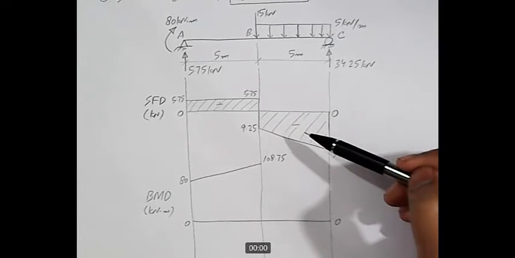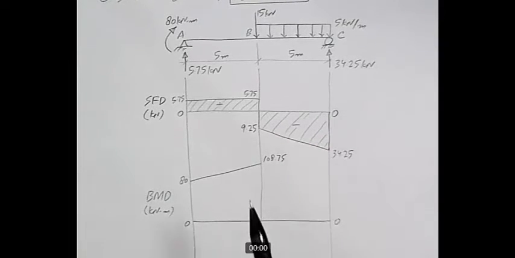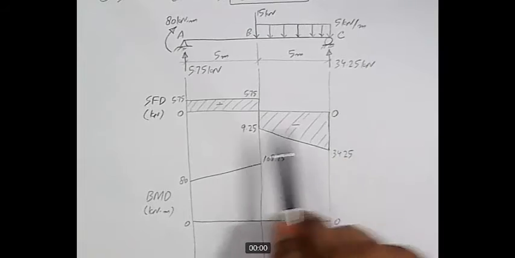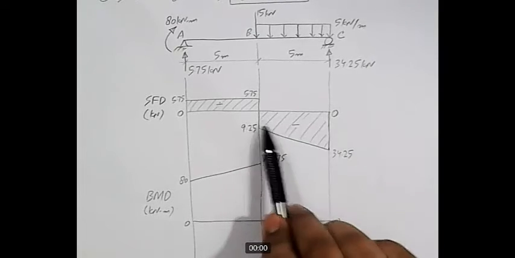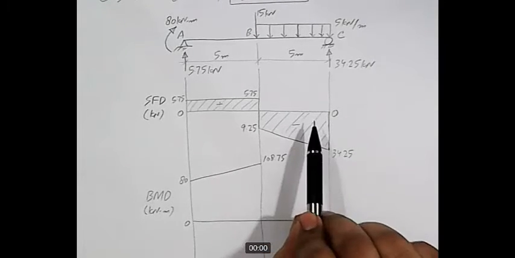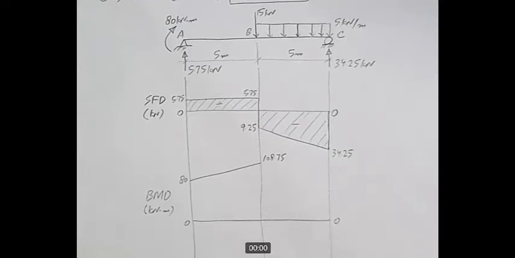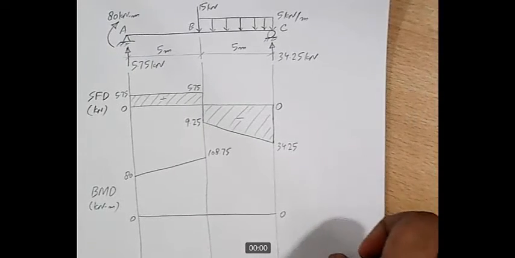And then we are at positive 108.75, and this area of SFD is negative, and this is a trapezoidal area. So how do we calculate the area of a trapezoid? Area of a trapezoid is the sum of parallel sides into the perpendicular distance between parallel sides divided by 2. So let me show it here on paper.